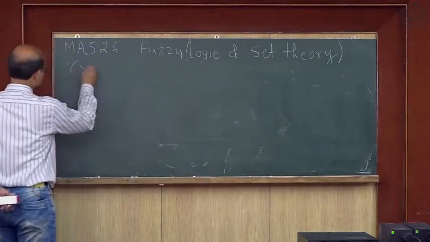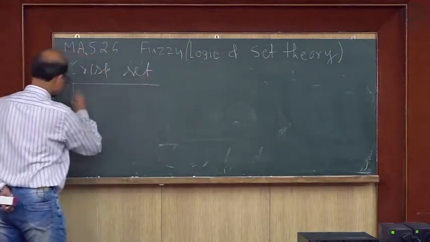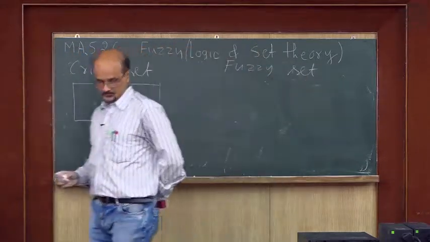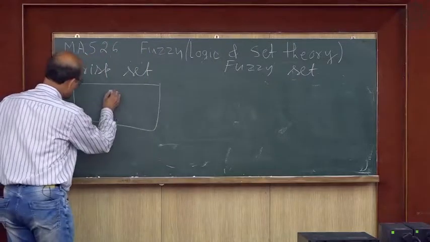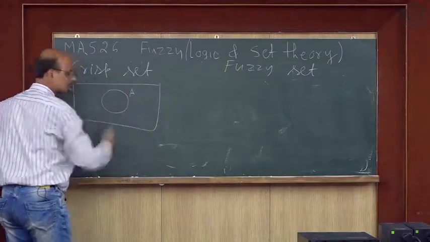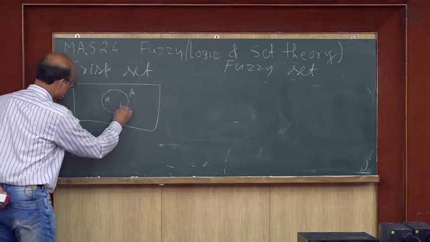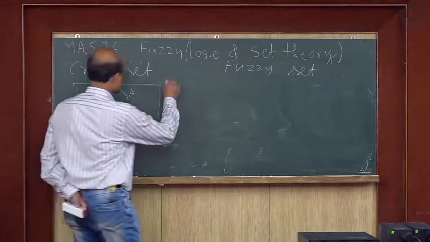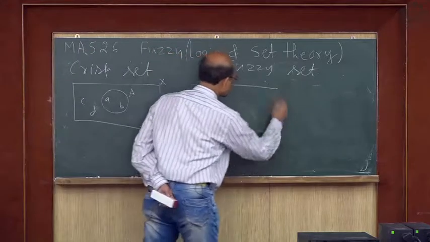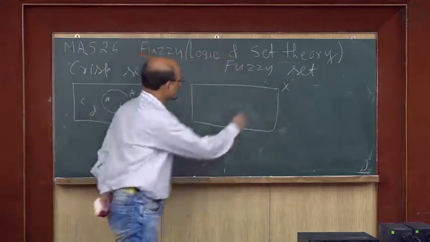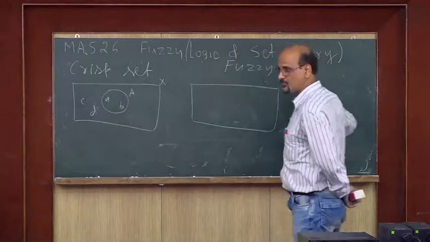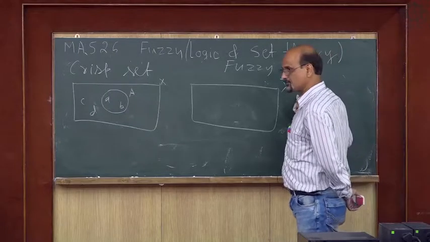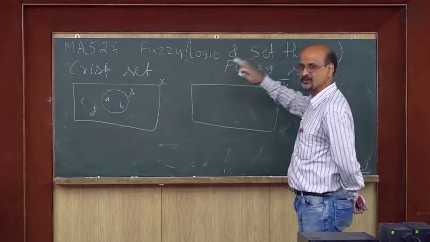Now, for a crisp set, if I have the universal set like this, and this side a fuzzy set, okay. So, if I have a set A here, and here suppose the elements are A, B, C, D, okay. Suppose this is your universal set. In fuzzy sets also, X usually we define by X bar, that is why I was not taking bar. So, do not confuse with that bar, that is complement there.